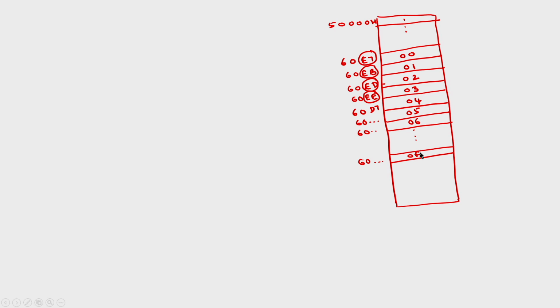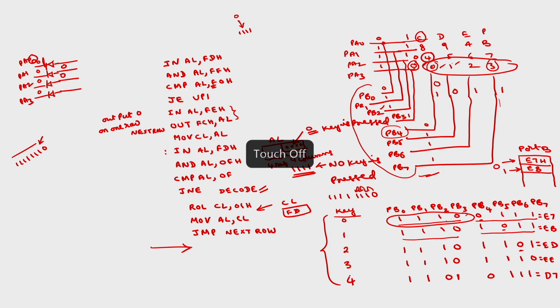Totally we have 16 locations. Okay. To read this value into AL, at the end of this program AL will contain the code corresponding to these 4 rows and 4 columns. This entire code will be contained in AL at the end of this program.